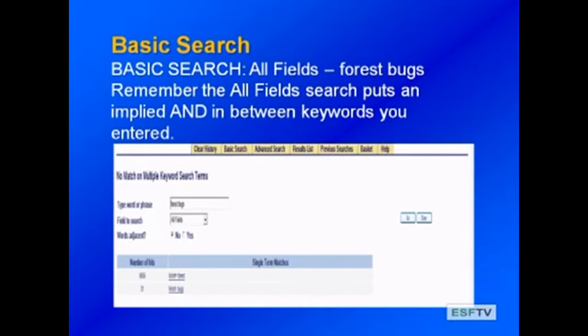So we have things on forests, and it says down at the bottom there we have over 9,000 things with the word forest. And we have about 30 things with the word bugs, but nowhere do we have things that have forest and bugs. So again, when you're doing that default search for all fields, the system automatically puts an AND in between all your words. So if you're not finding anything, you might need to drop a word off or change a word, because again, it's a default AND.